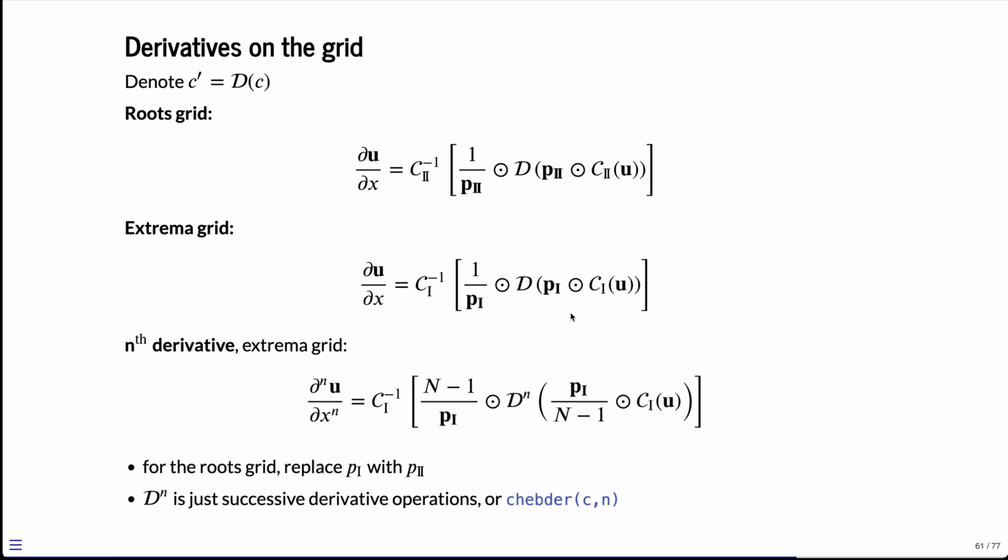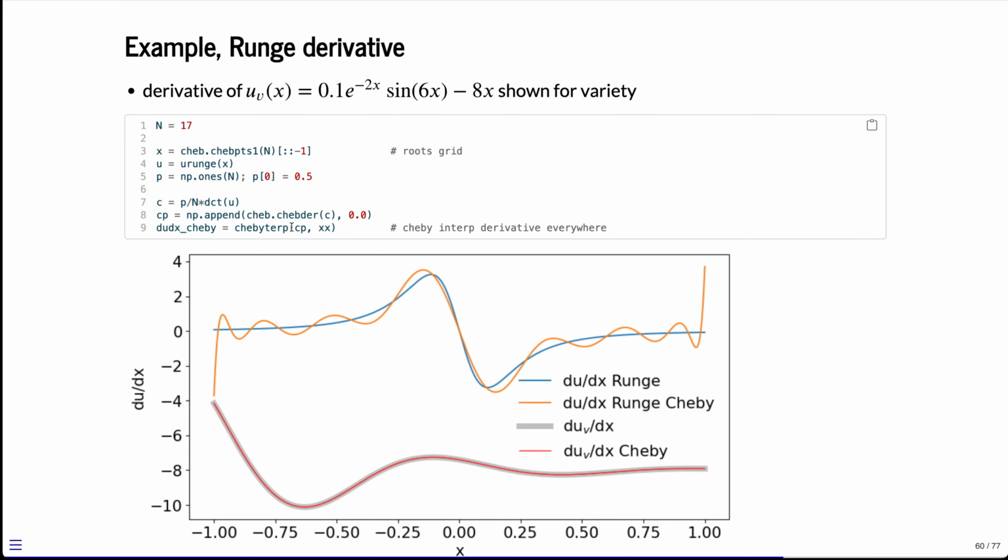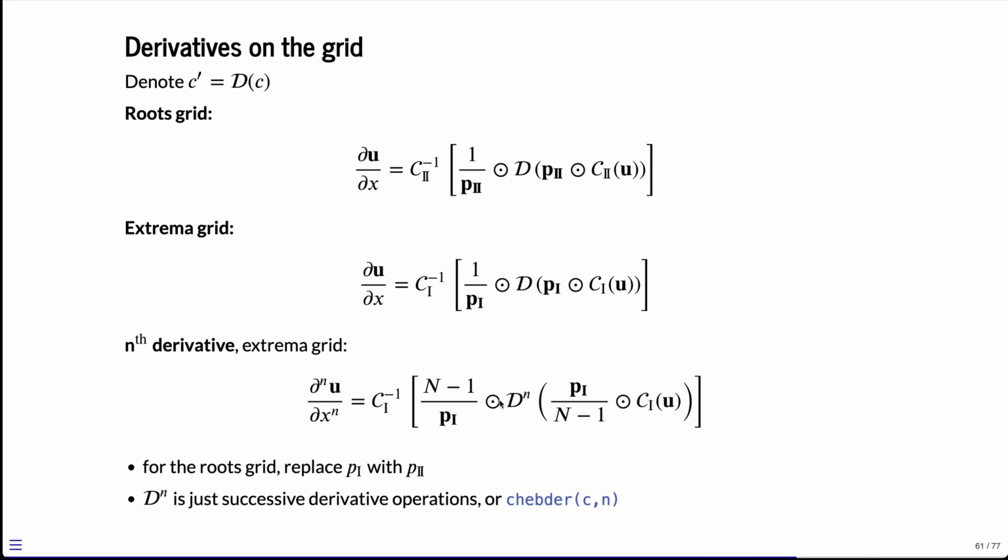All right, so if we have an nth order derivative, we can just apply the derivative multiply, and that can be done with this Chebyshev function, you just tell it the order of the derivative. So it defaults to n as 1. So up here we just had n as 1 when we did Chebyshev, didn't put anything. If you want a second or third derivative, just put comma 2 or comma 3 to get those.